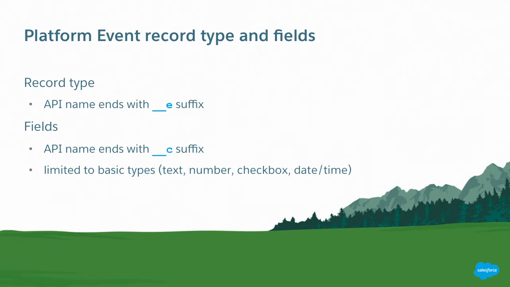Now, I mentioned this earlier also, we are limited to a few basic types. There's no complex type. You cannot have master-detail relationships, you cannot have picklists. We're limited to really basic types like text, number, checkbox, date, and time. Why is that? Because all of this is going to be converted into JSON, and it's sending this data outside of Salesforce.